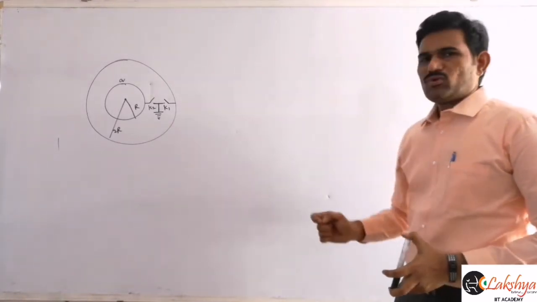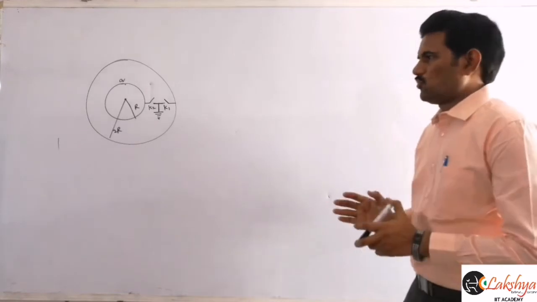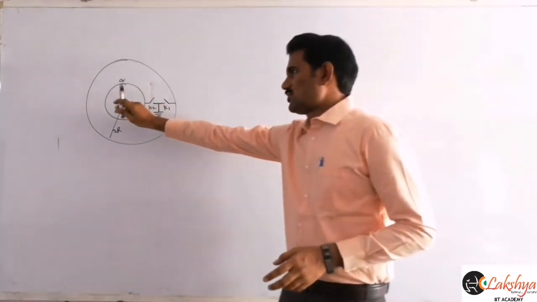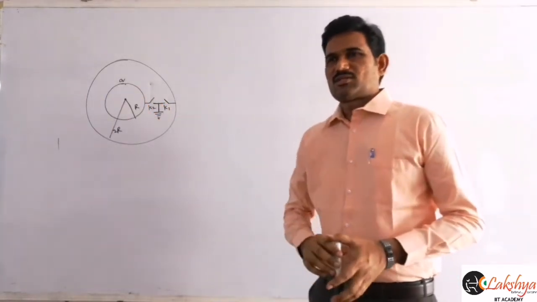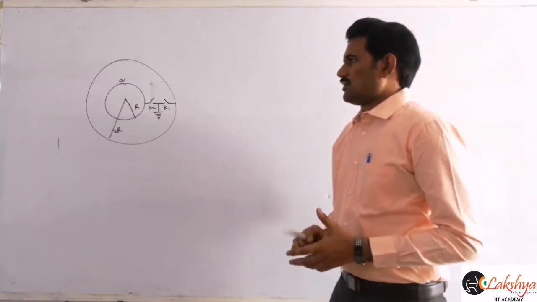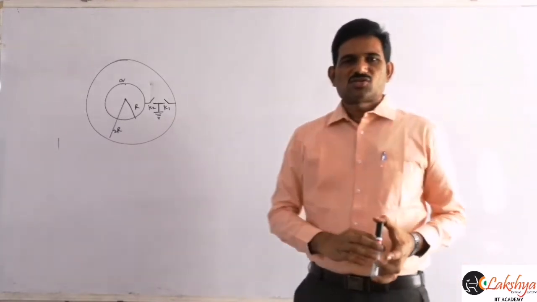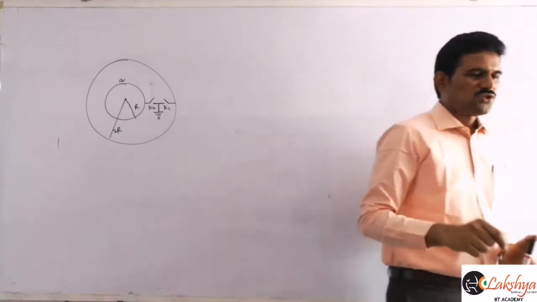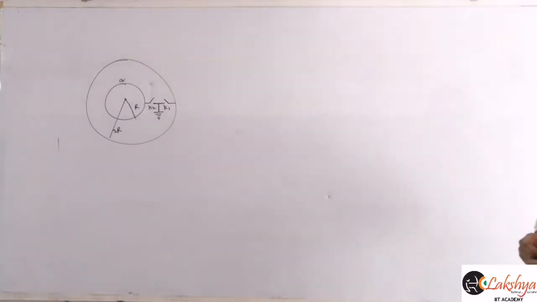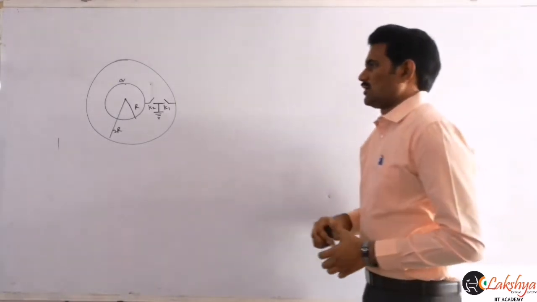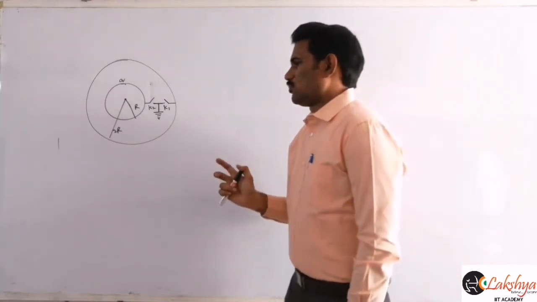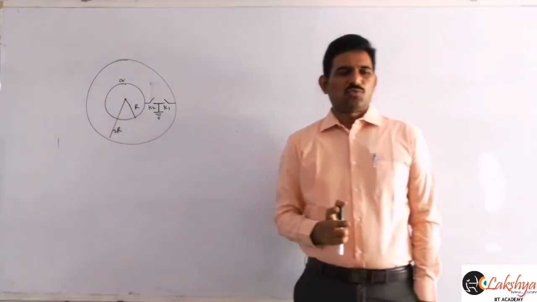In the system of two concentric shells shown in the figure, a charge Q is given to the inner shell. Both the keys were initially kept open.